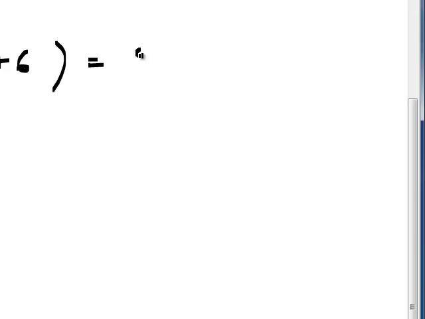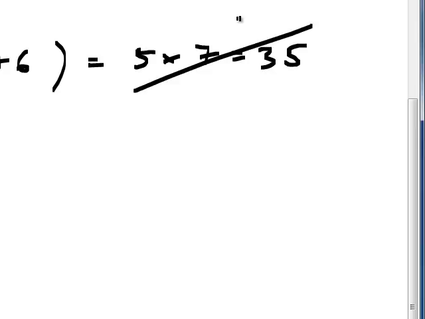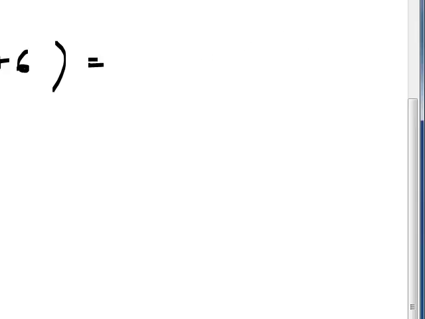This is 7, so 5 times 7 is 35. It's not wrong, but if it says that we have to use the distributive law, we have to calculate it like this. So remember, first 5 times this number, 5 times 1, plus 5 times this number, 5 times 6.